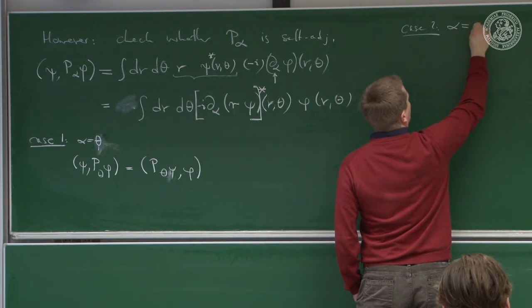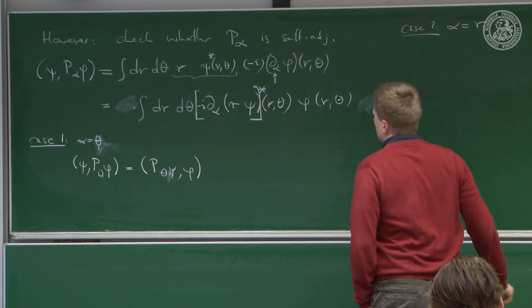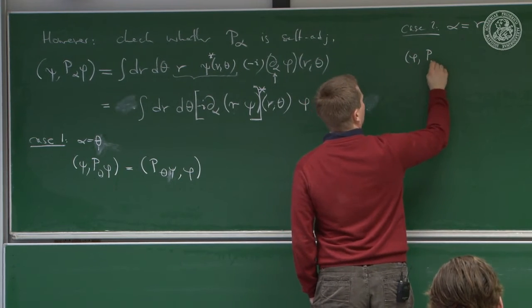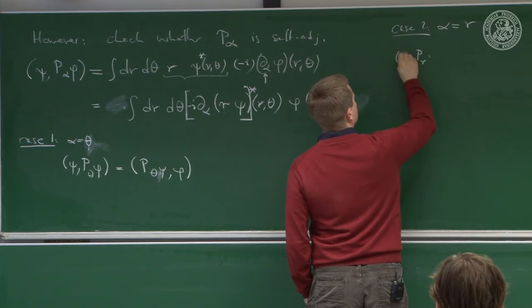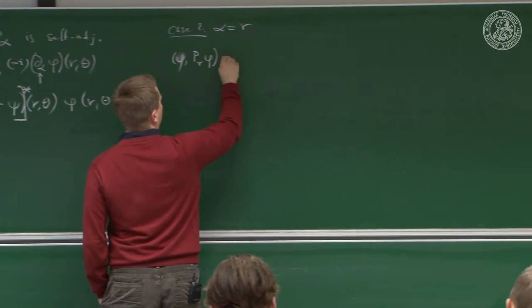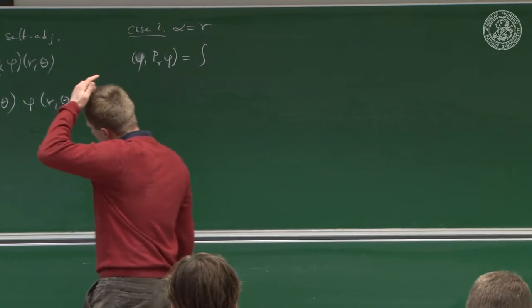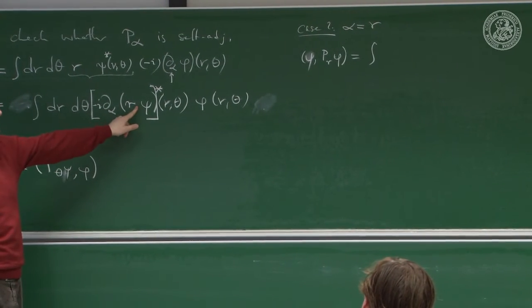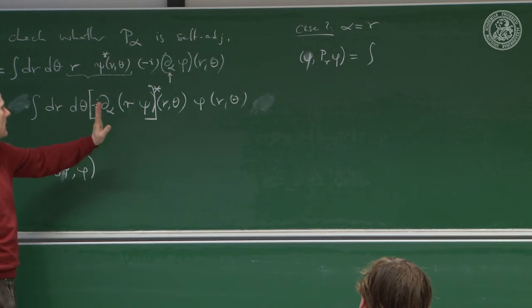But what about the other case too? The alpha being the r itself. Well, in that case, we have psi pr phi is the integral. And now I use the product rule here and split this into a part we would have expected and a part we didn't expect.